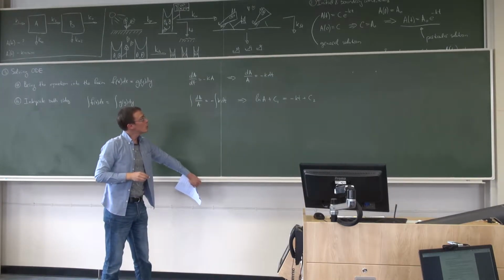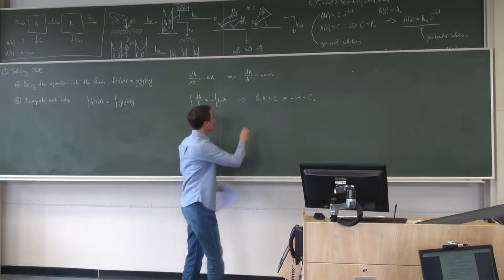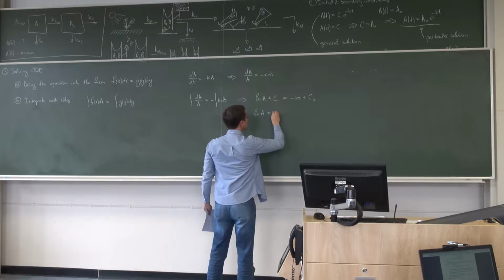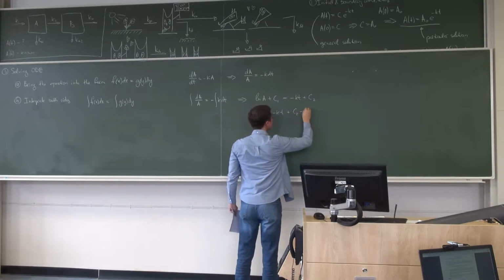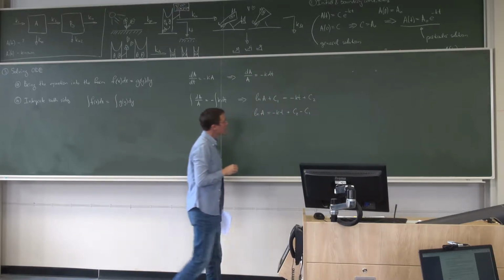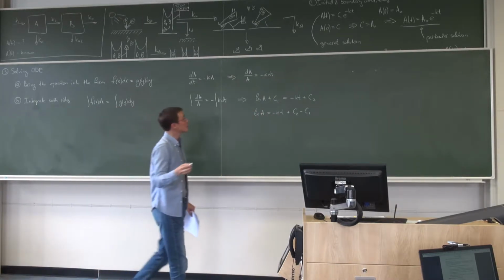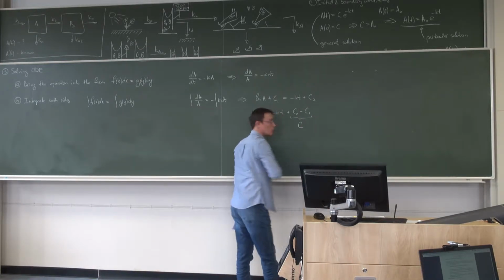Okay, so what we will do is we will move that over there. So log A is minus kt plus c2 minus c1. Well, actually, the sum of a difference of two constants is just another constant. So that we will call c.